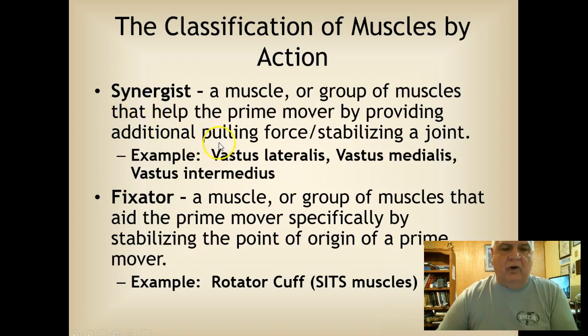Because some synergists only provide additional pulling force, they would not be fixators. But those synergists that stabilize the joint would be referred to as fixators.